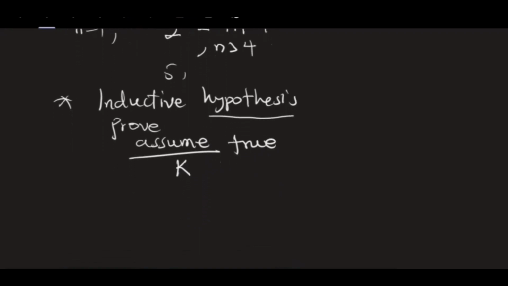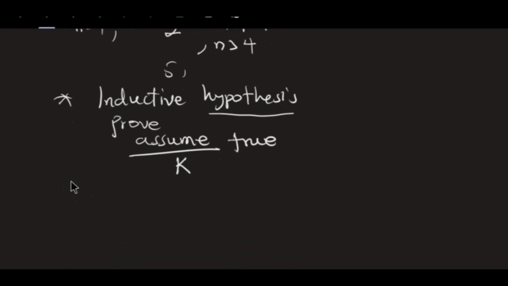So if you have your statement P of n, let's say n to the power 3 is always greater than 2 plus n, at the inductive hypothesis, we are going to assume that this statement is true for a particular value of n, and we assume it to be k. So we assume that the statement is always true at k.